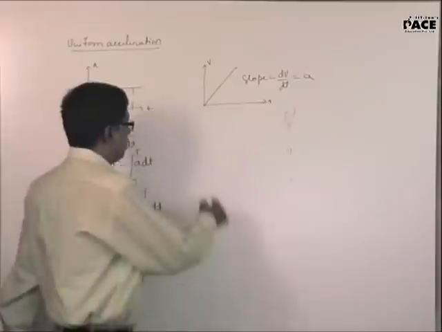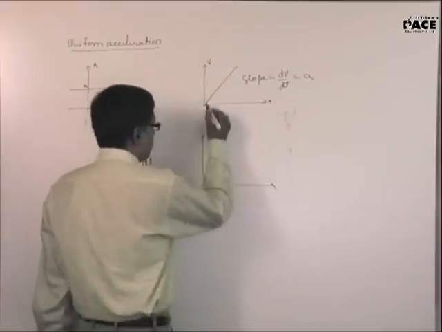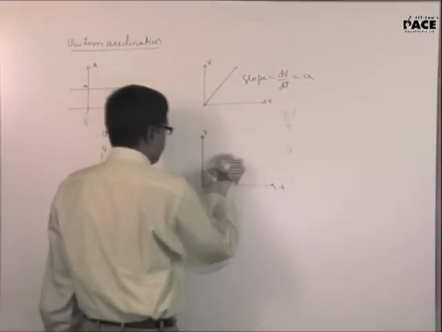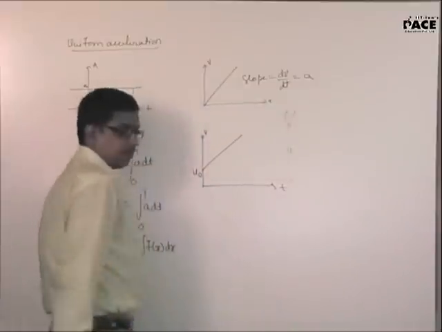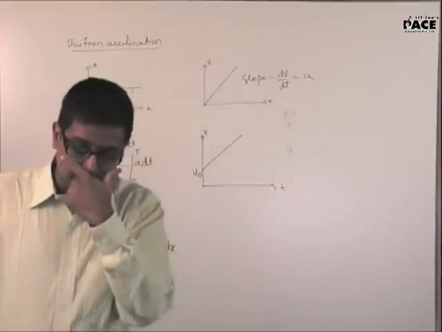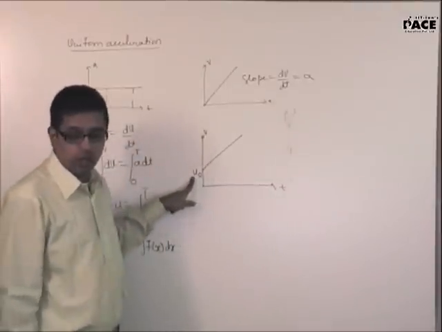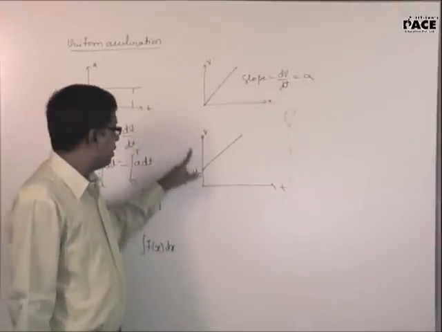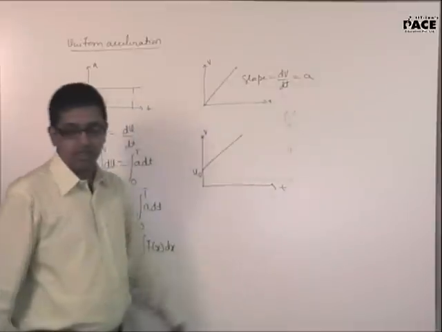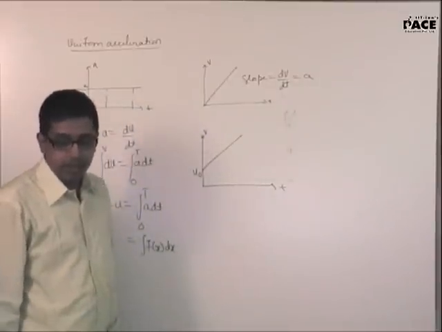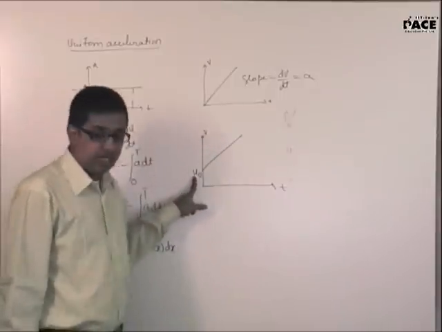Remember that. One more way of representing this velocity time graph: it might start from here, at u naught. This is the initial velocity u naught. Now, when the slope is going this way, u naught is the initial velocity.